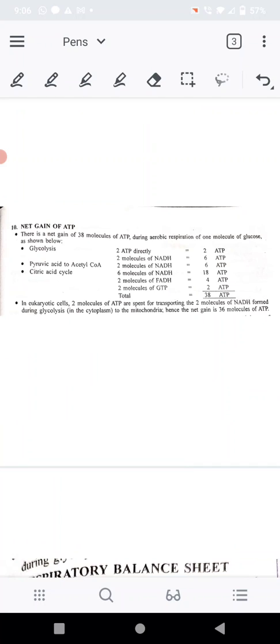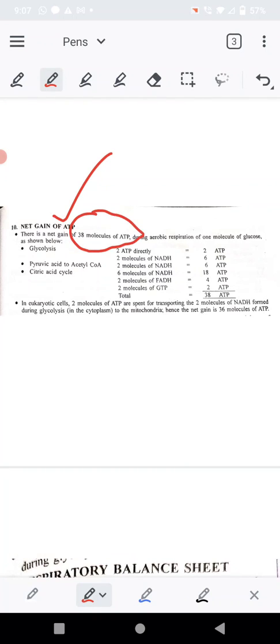After the synthesis of the ATP, we are done with the complete oxidation of the glucose, and this is the net gain of ATP from one molecule of glucose. So there is a net gain of 38 molecules of ATP as a whole during the aerobic respiration of one molecule of glucose.